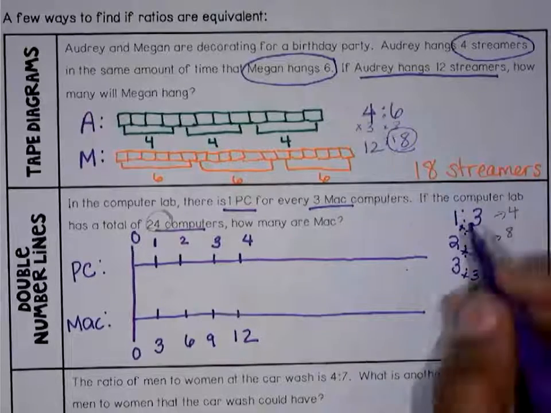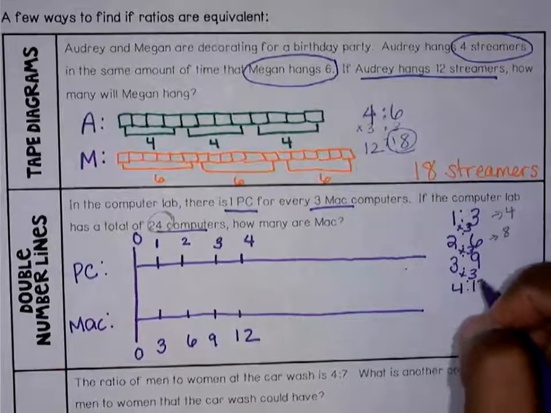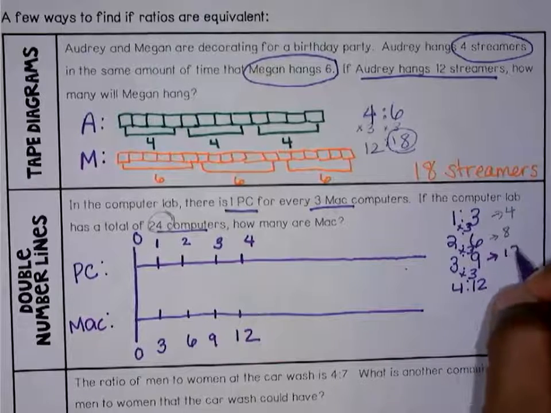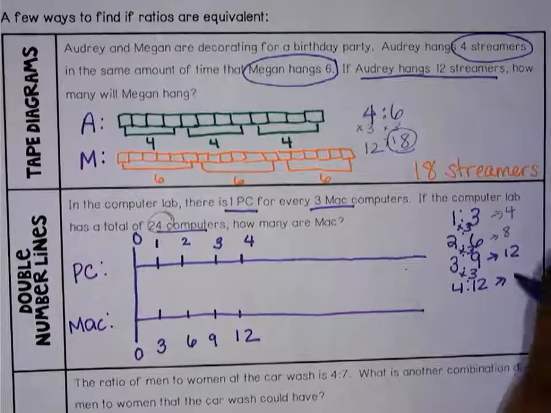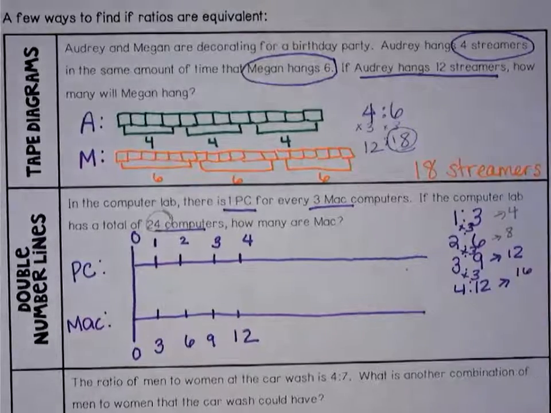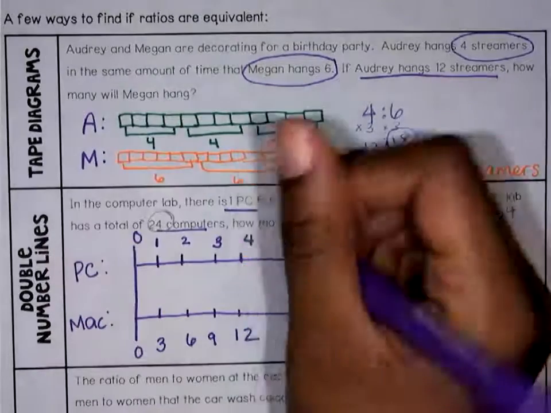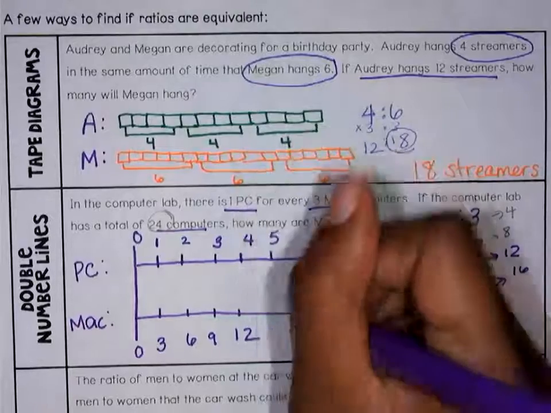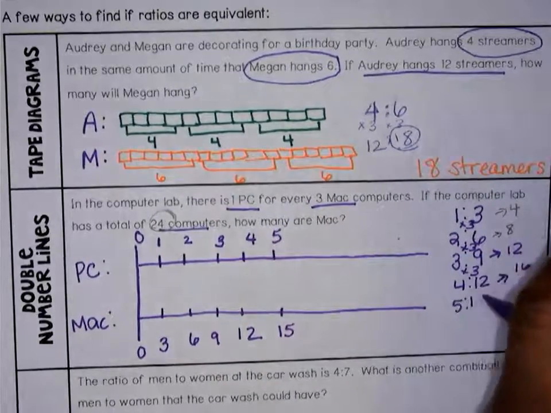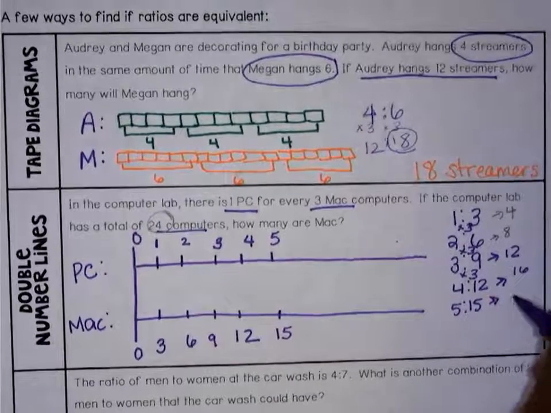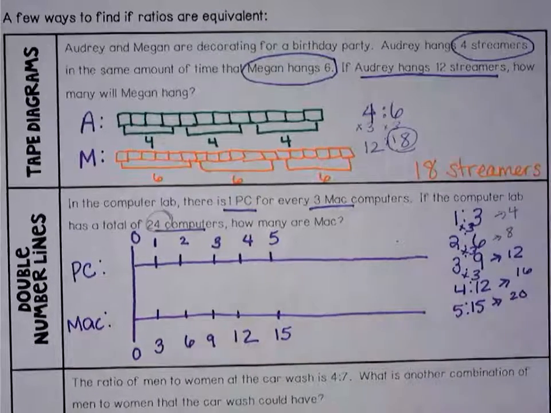So let me write that down. 4 to 12. 9 and 3 make 12. 4 and 12 make 16. We're not at 24 computers yet, so we need to add another PC. You have 5 PCs, you have 15 Macs. So 5 and 15 make 20. And we are almost there.